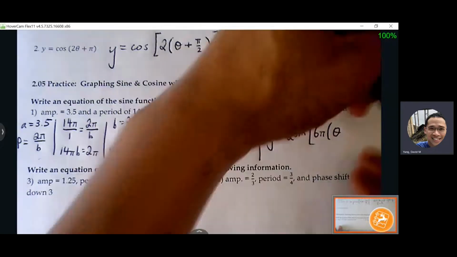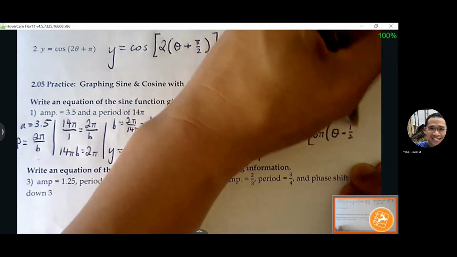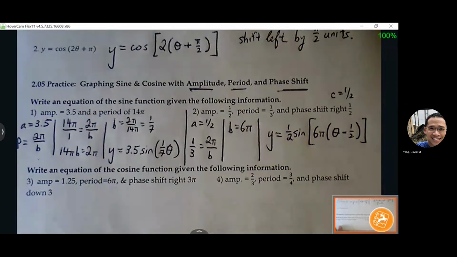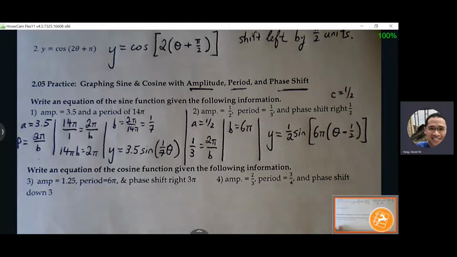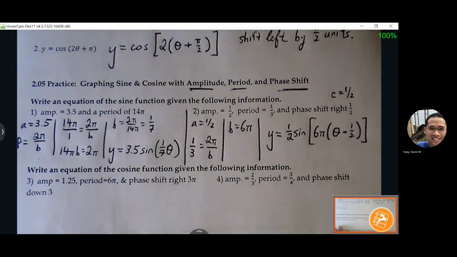Minus, yeah, opposite here. That B is always going to be factored out, okay? Otherwise, we're not able to get that true feel for what's really happening unless that B is outside the set of parentheses.